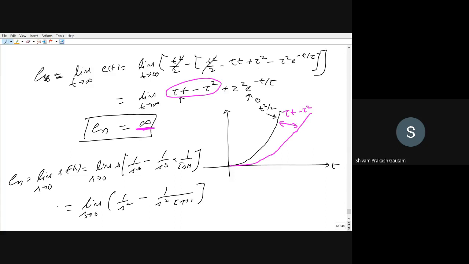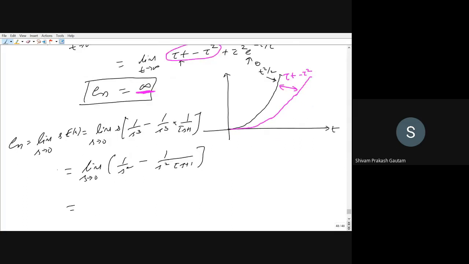Take LCM: s square (tau s plus 1), and in the numerator tau s plus 1 minus 1. The plus 1 and minus 1 will cancel out, so this will be limit s tends to 0, tau s upon s square (tau s plus 1).